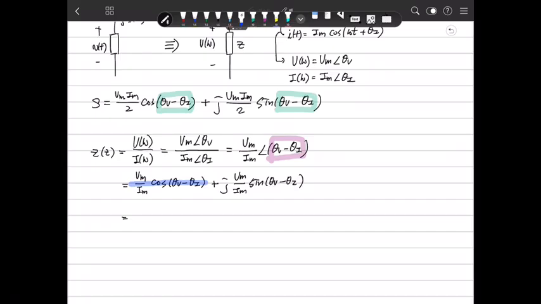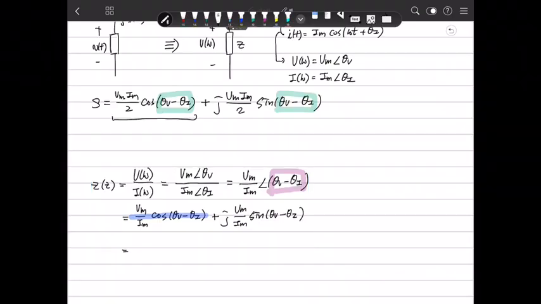This term is related to P, and this term is related to Q. So we call this R plus jX.